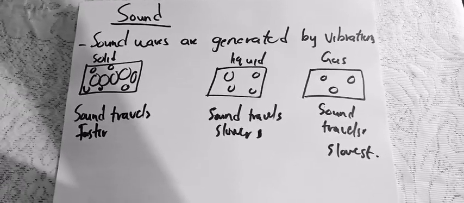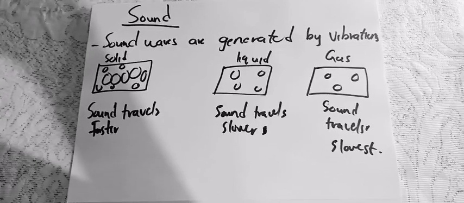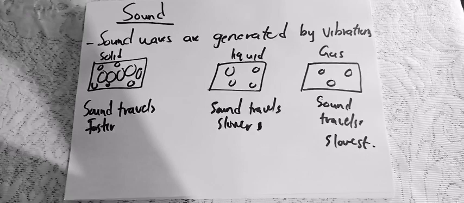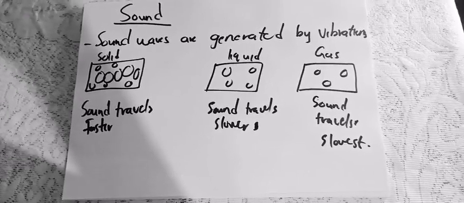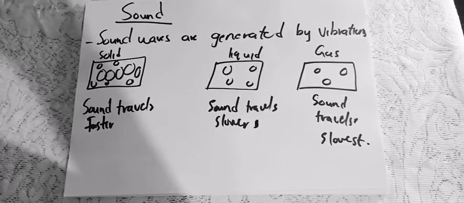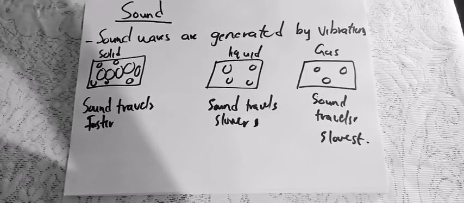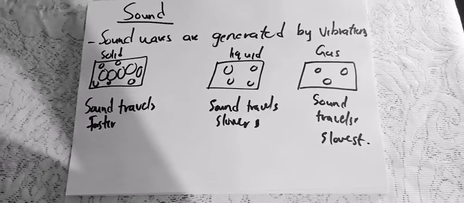Sound, it is the sensation of hearing something, and sound waves are generated by vibrations. For an example, touch your throat when you are talking. Then you will feel what? Vibration from your throat. It means that the sound is coming out. So sound is one of the examples of longitudinal wave, and we have solid, liquid, and gas.